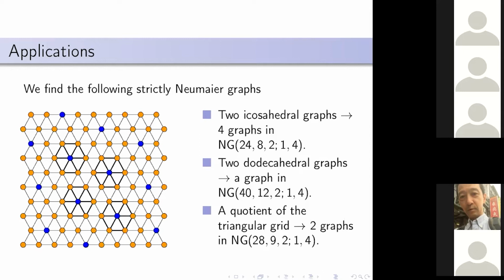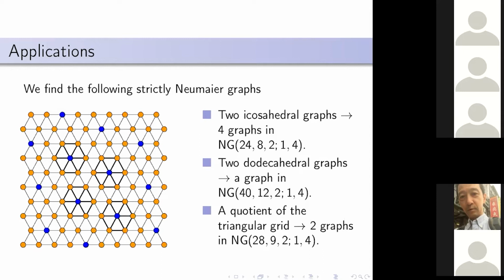And this approach we have been working on generalizing. So we have increased dimension. So in 3 dimensions, we look at the tetrahedral octahedral honeycomb, and we construct 8 non-isomorphic graphs on 78 vertices.